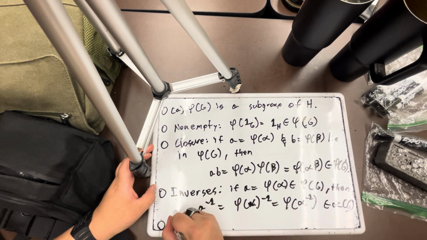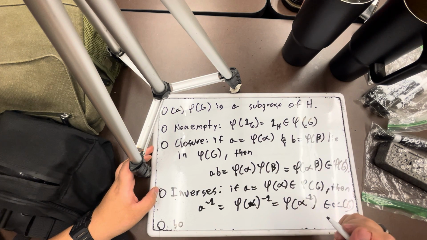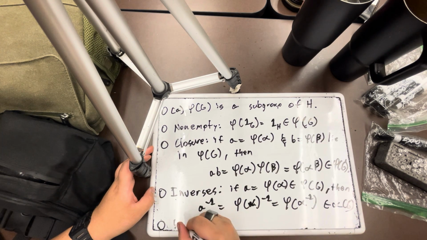So we have our three big properties right there. We have that it's non-empty, we have that it's closed in the operation, we have inverses.